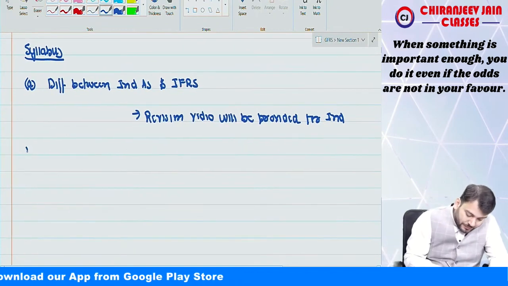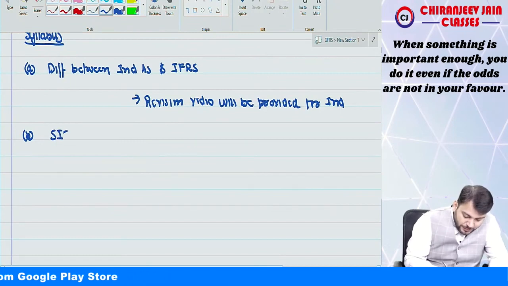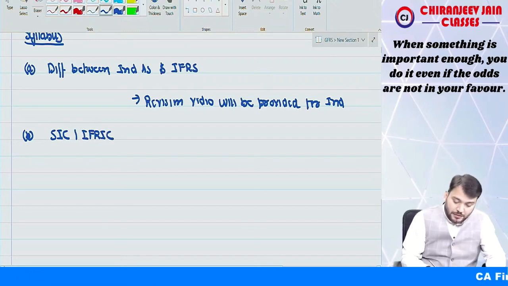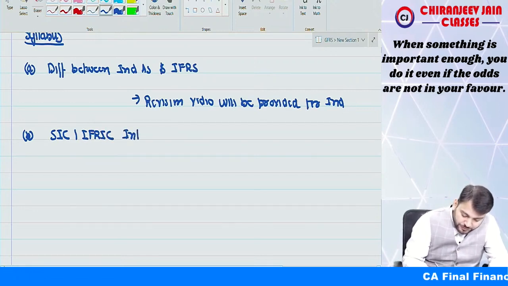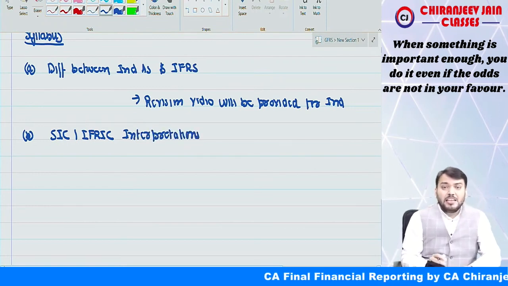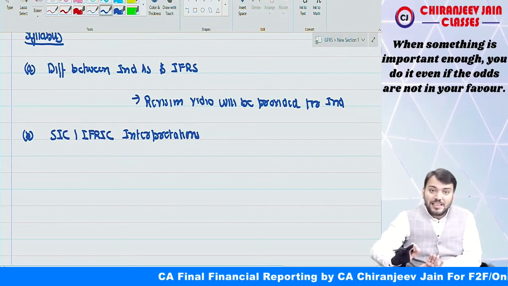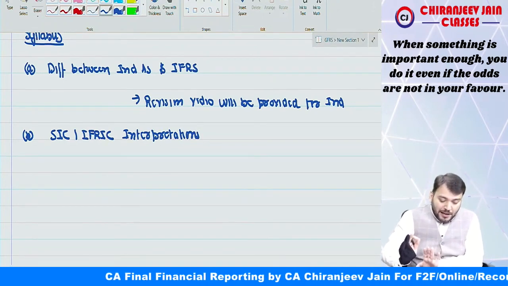We also need to cover the interpretations given by SIC and IFRIC. Even though you have done them in your FR paper, I'll cover all the interpretations given by SIC and IFRIC. Correct?